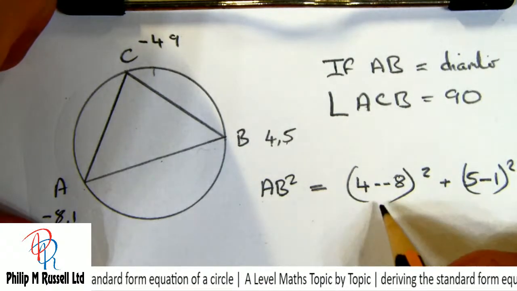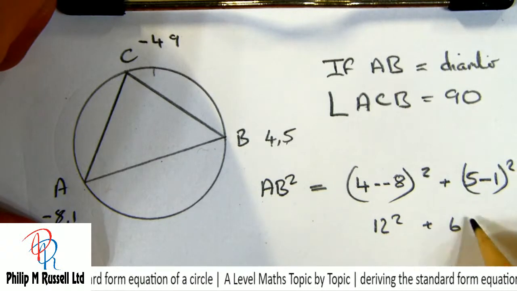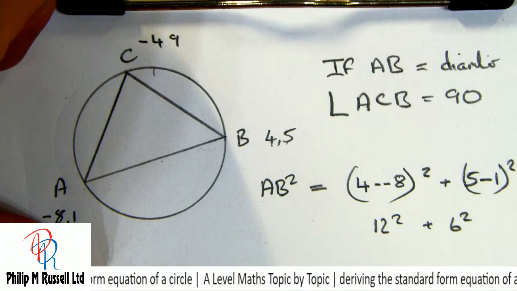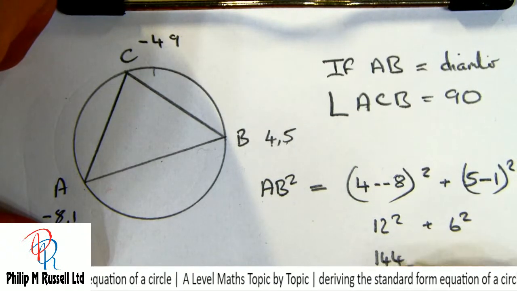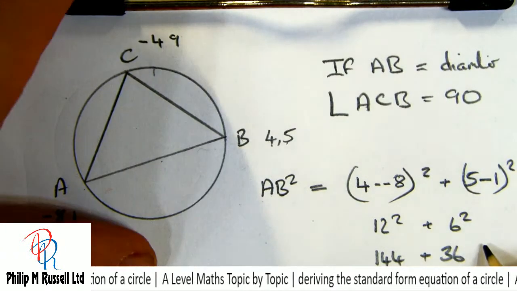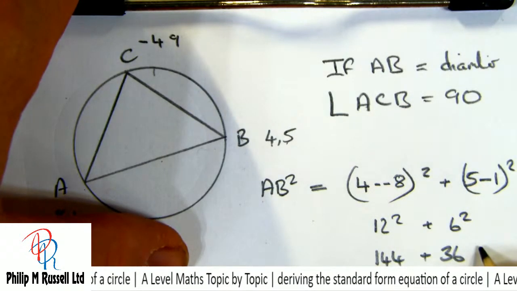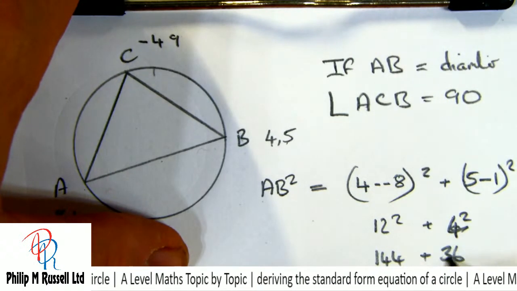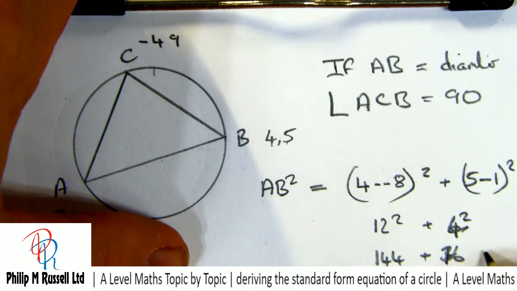So that's going to give us 12 squared plus 6 squared, and that's going to give me 144 plus 36, which is going to give me 180.